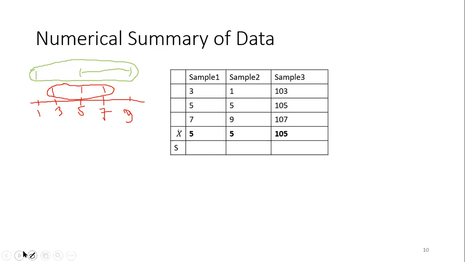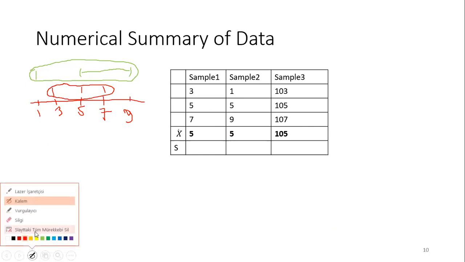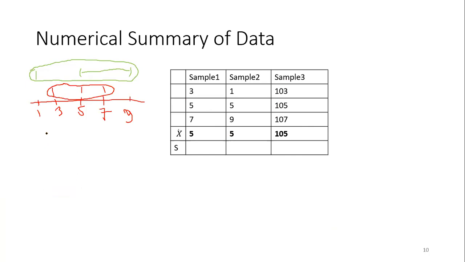Let's assume I make the same plot here. Let me use the orange one. Let's say this is 105, this is 103, and this is 107. So one data point is here, one here, and one here.